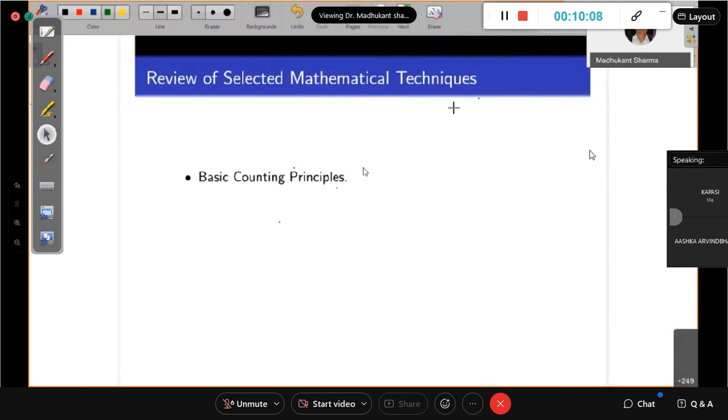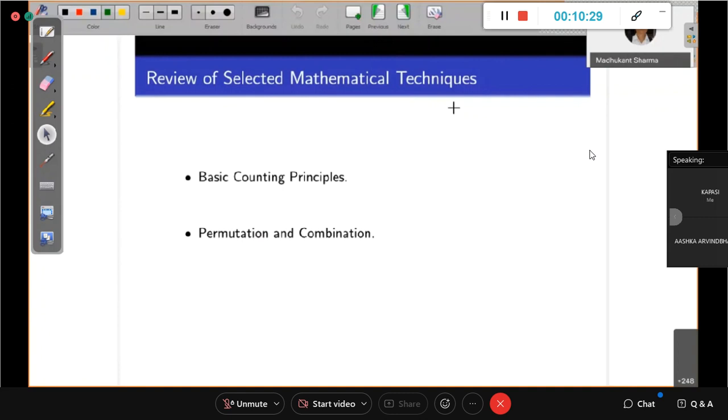These are topics from a probability course, such as basic counting principles, permutation, combination, and, at the end, sets. You are all familiar with these three things. We are going to work out a number of examples based on these topics so that your basics get brushed up.